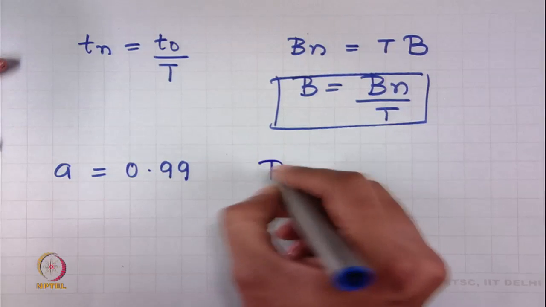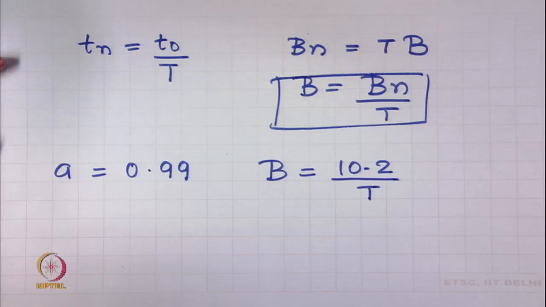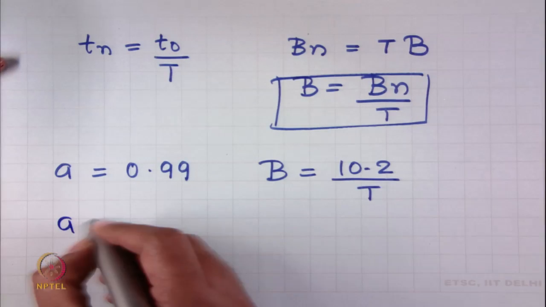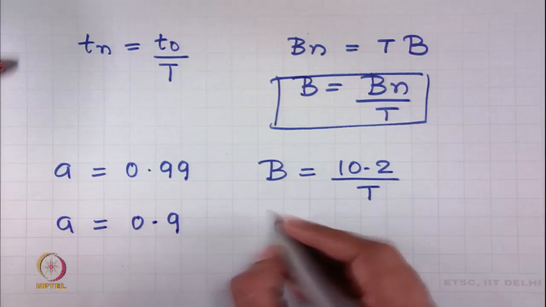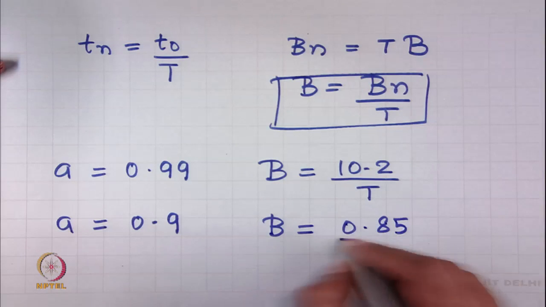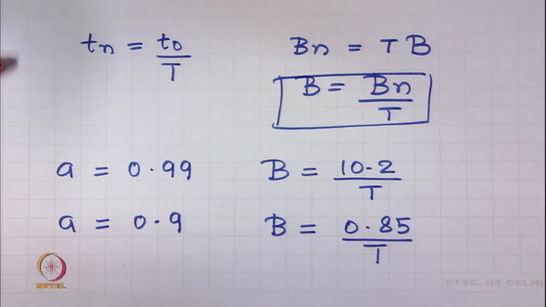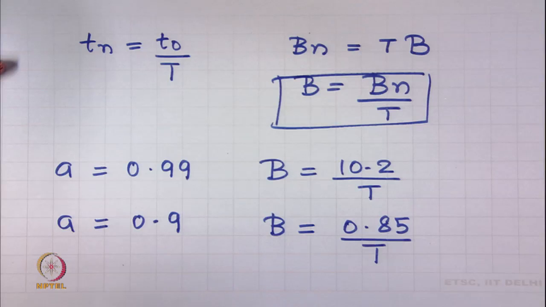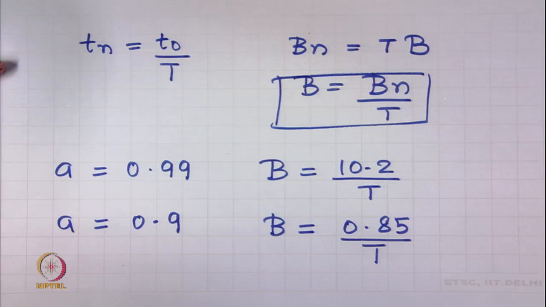My bandwidth turns out to be 10.2 by t, and if I choose A to be 0.9, the bandwidth that I need to have is 0.85 by t. So, based on what fraction of energy containment you want to have, the bandwidth requirement varies. Of course, bandwidth should be a function of t.